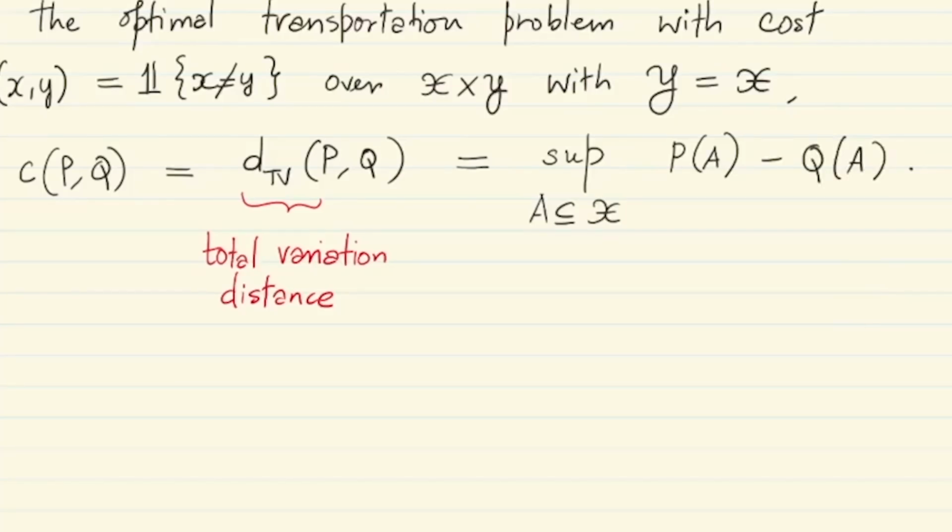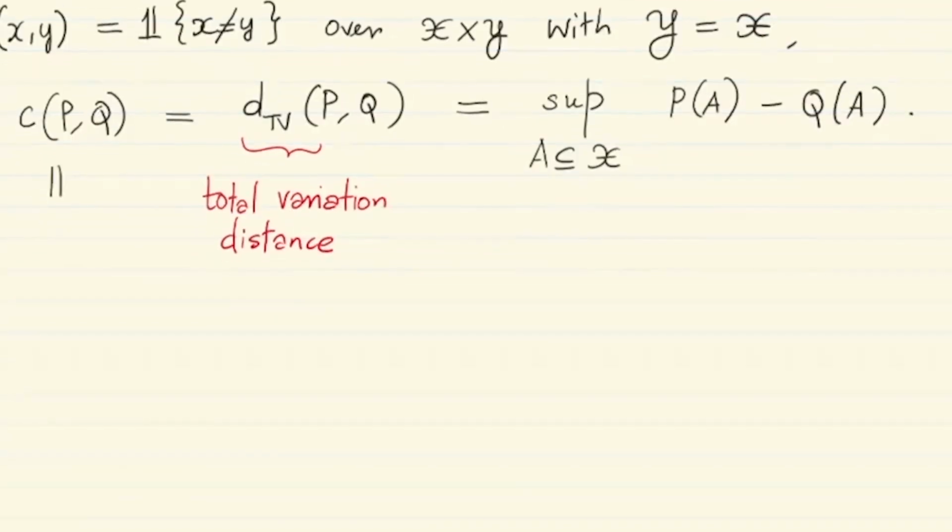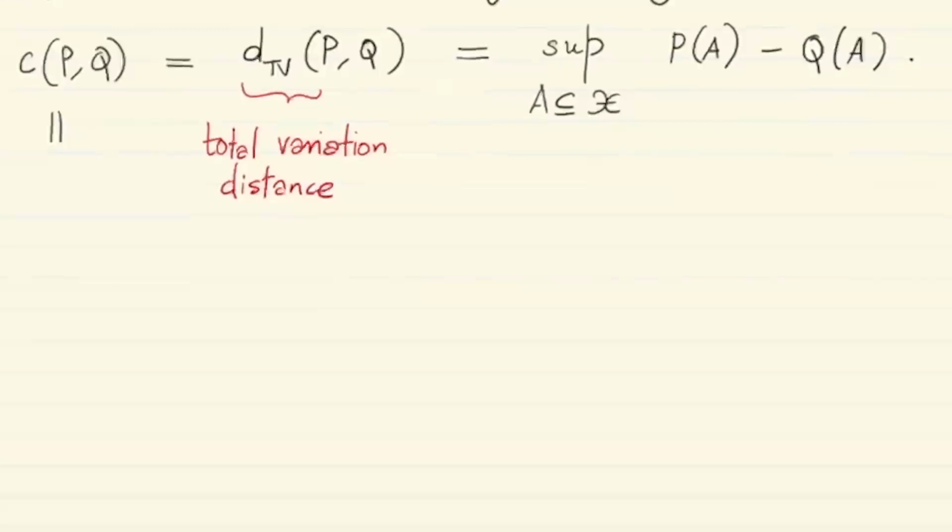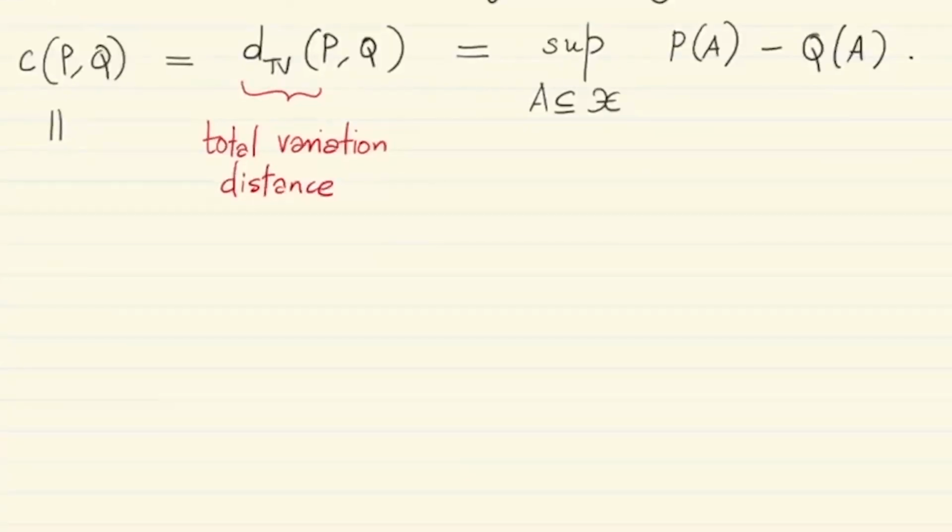Okay, so thanks to this lemma, we also know that the total variation distance has the flavor of a minimization problem as well, because CPQ was defined to be the minimum over all P, which is a coupling of P and Q, of the expected value of the indicator that x is not equal to y.